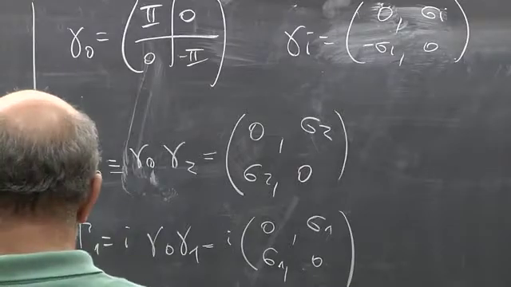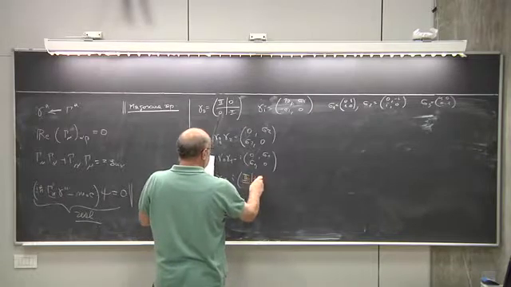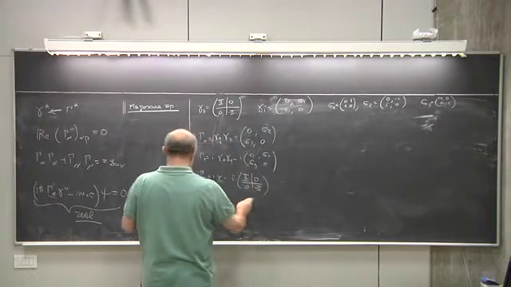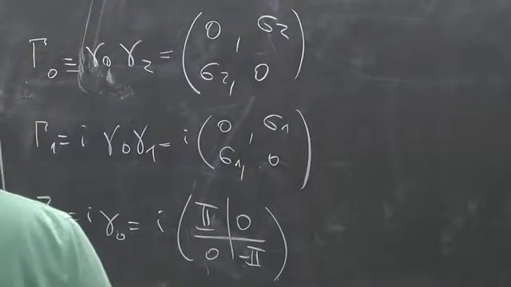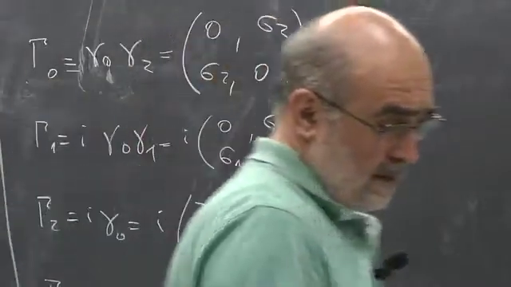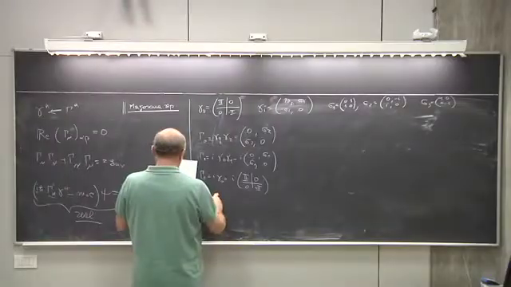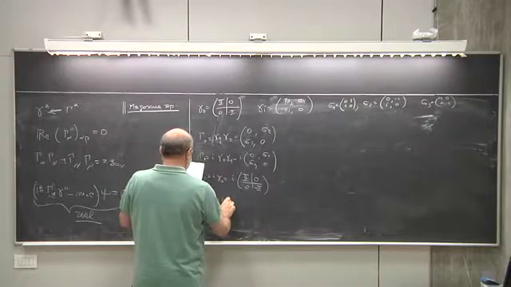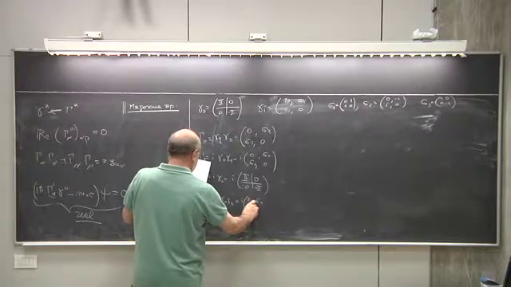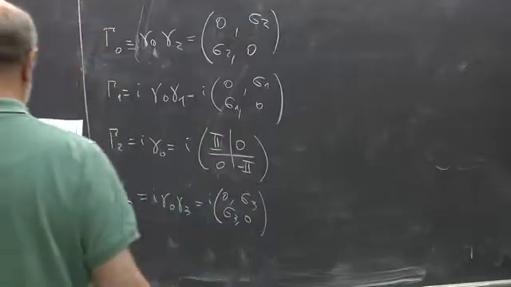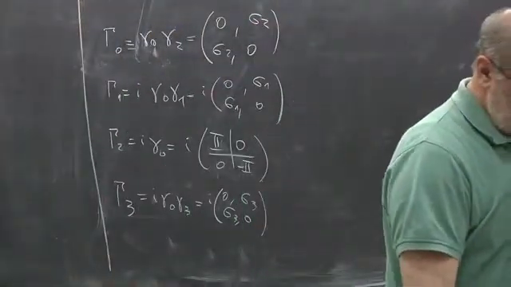The gamma 2 is i gamma 0, so it is i times the identity, 0, 0, minus I. And the gamma 3, I never remember, I think it is i gamma 0 gamma 3, which is i, 0, sigma 3, 0. Okay, and it's easy to see that they are all imaginary.